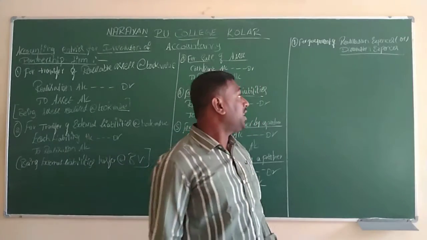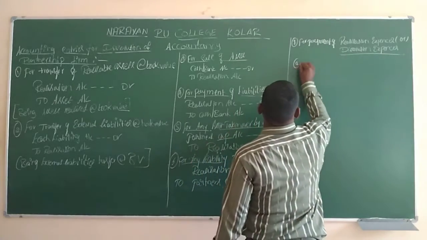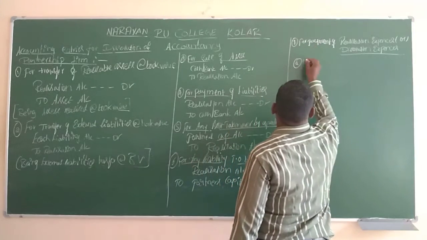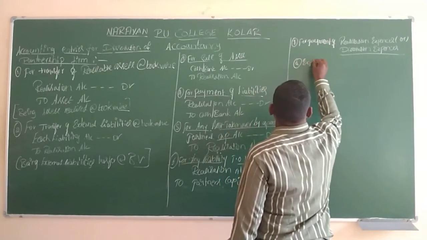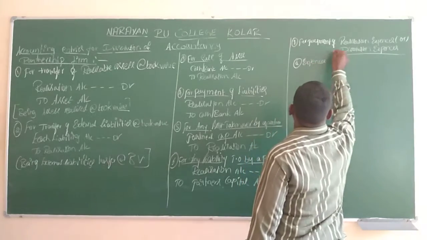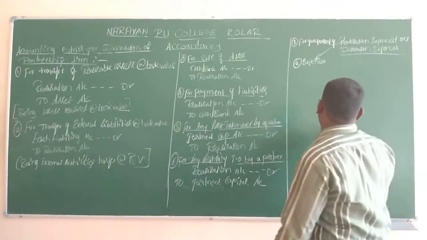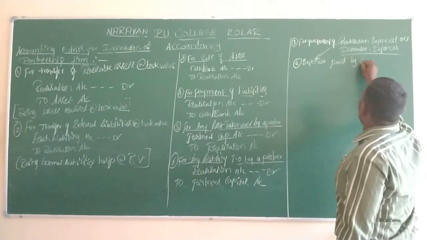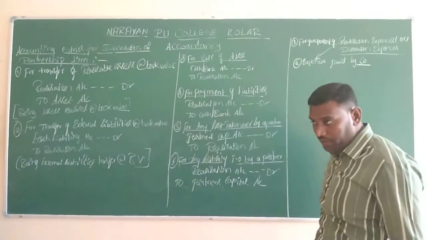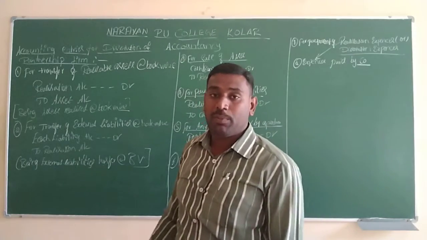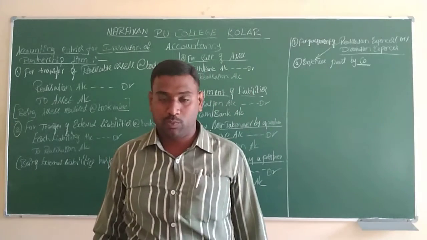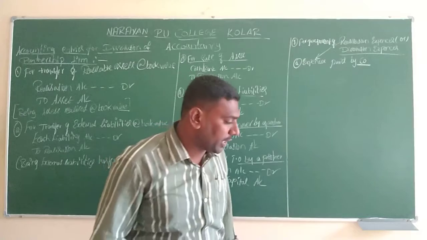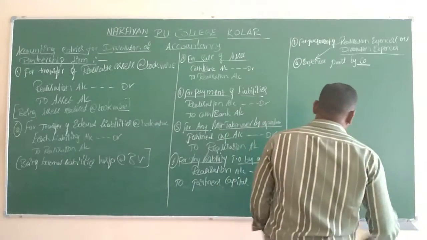So for this we will have two entries. First, if expenses are paid by the company or partnership firm, how do we frame the journal entry?